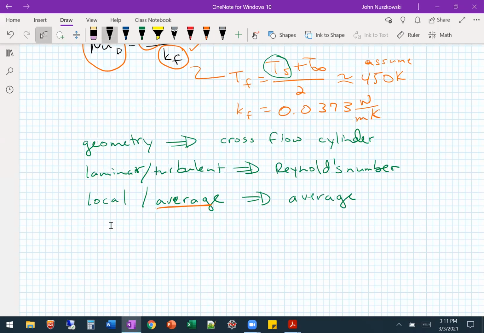So we have to get our Reynolds number. We have diameter, velocity. We need to get our kinematic viscosity, again at the film temperature.